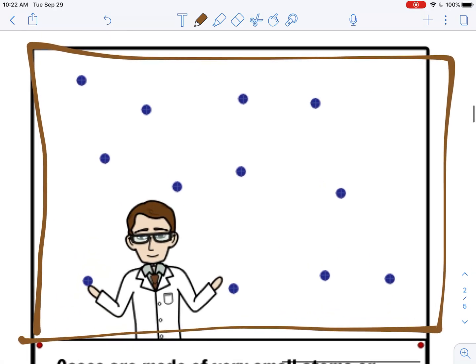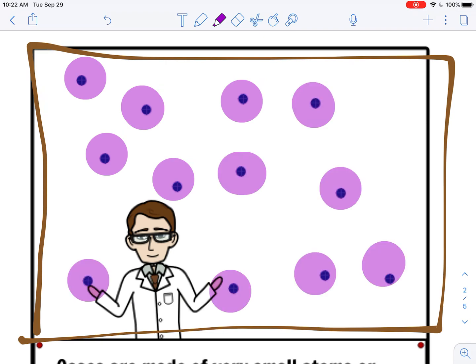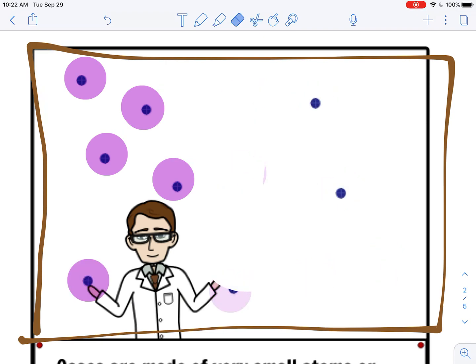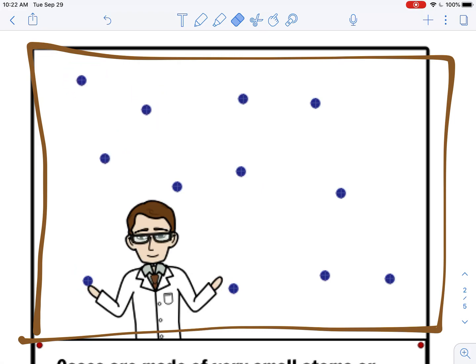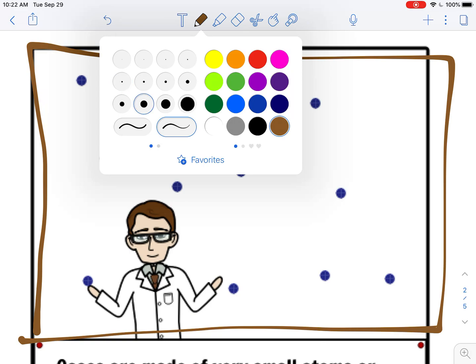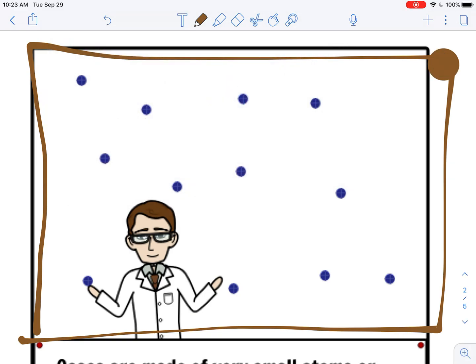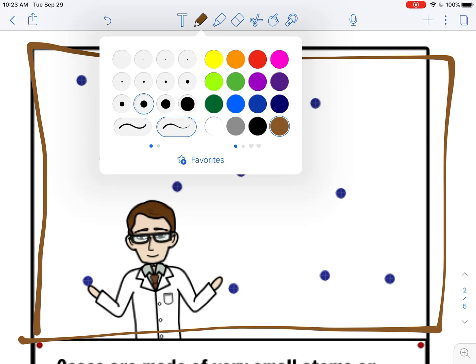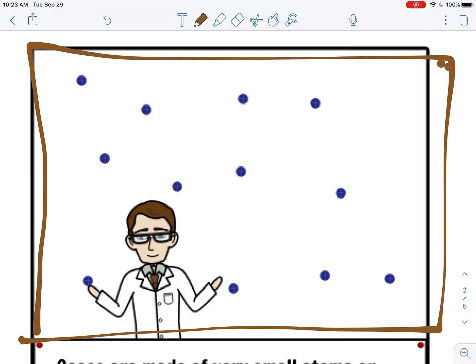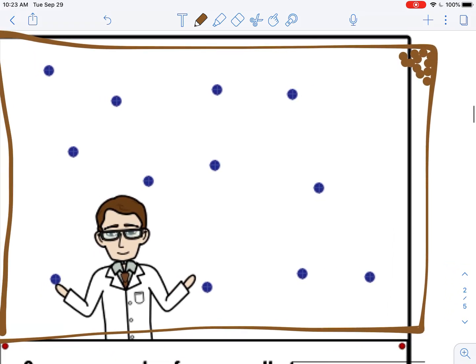But you'll notice that the gas particles themselves, if you were to simply smush them all together and add them all up, you get about 12 dots that are about this size. 1, 2, 3, 4, 5, 6, 7, 8, 9, 10, 11, 12. If I were to smush them all together, they would occupy a very small portion of the actual container.